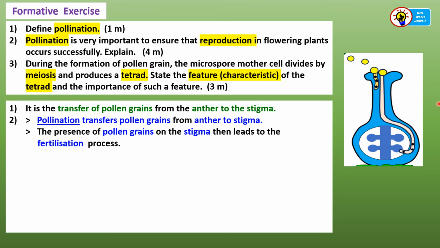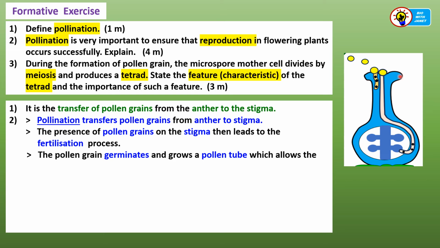So that's why it's important. Then to elaborate further, you can say that the pollen grains, when they land on the stigma, will germinate and grow a pollen tube, which allows the two male gametes in it to move, here, to the embryo sac in the ovule here to fertilize the egg cell, so that double fertilization occurs, right? One mark for each statement here.